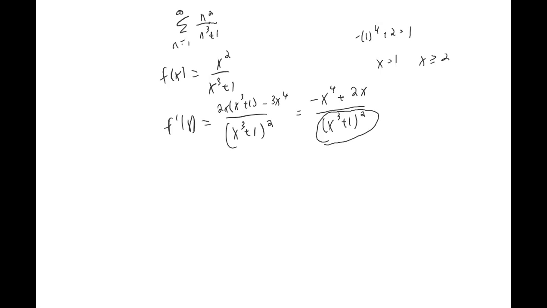So do you see that this is less than 0 for x bigger than or equal to 2? I.e., if the derivative is negative for x greater than or equal to 2, then it's decreasing when x is bigger than or equal to 2.